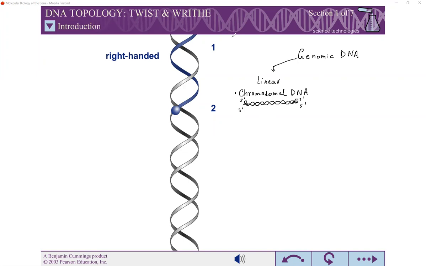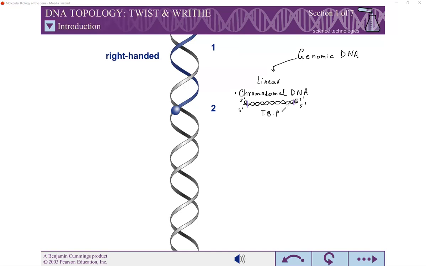The proteins that bind towards its ends are referred to as telomerase binding proteins, also referred to as TBP.